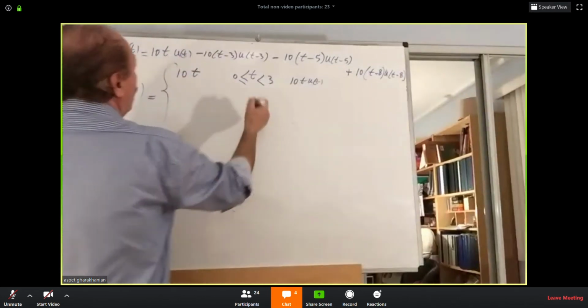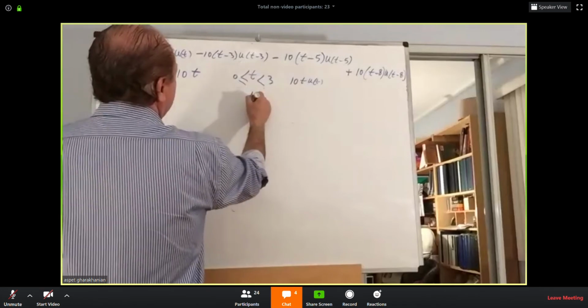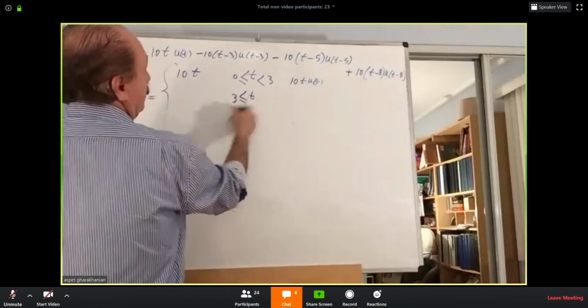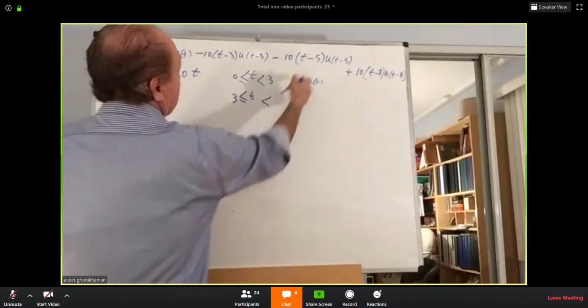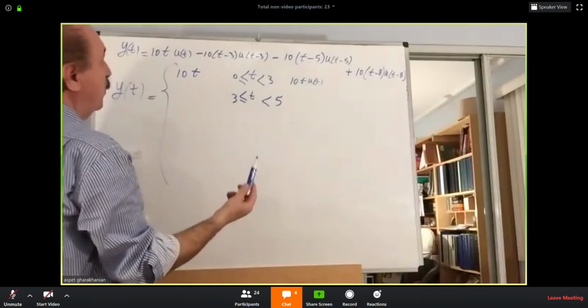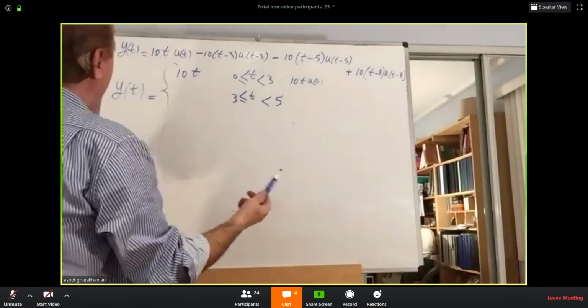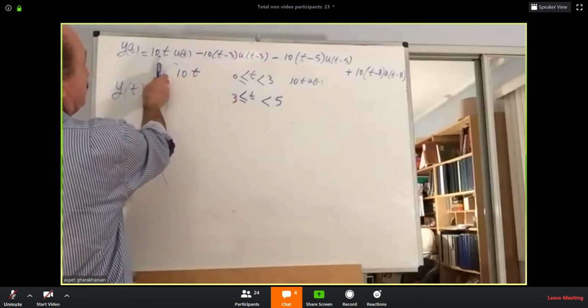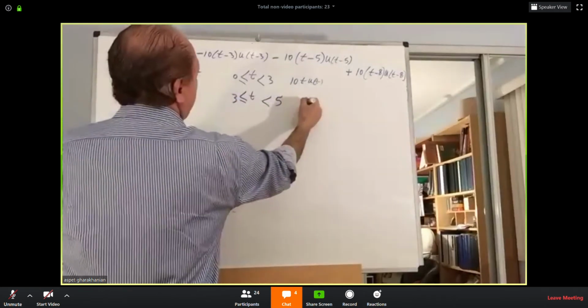Next, what about time greater or equal to 3, but yet less than 5? Here, less than 5. So let's see what will stay and what will go. For time greater than 3, this term is in, so you have 10t.